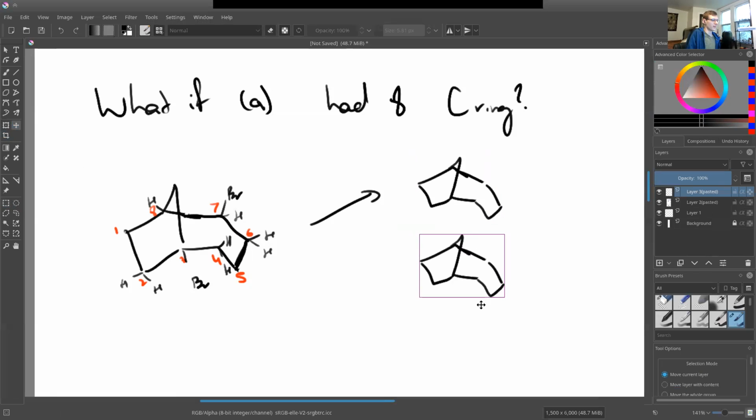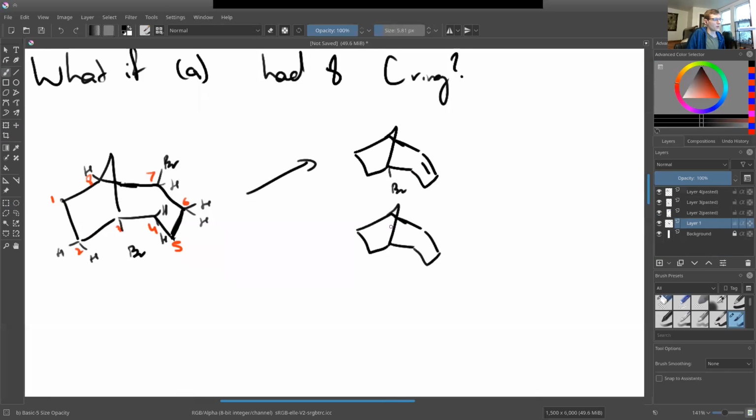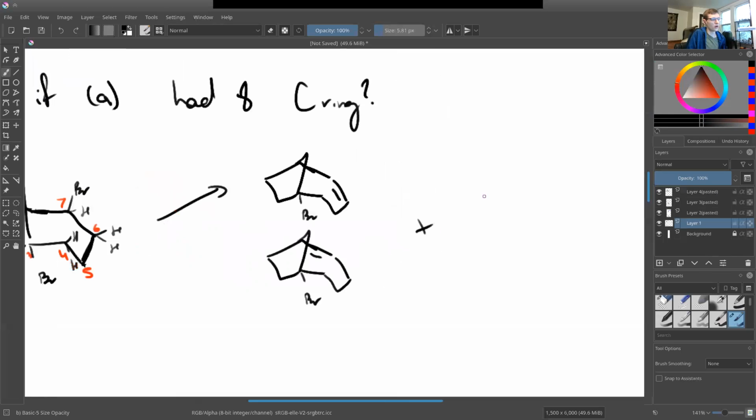Look at that. All right, I don't know what I just did, but I got two out of the way, so I'll take it. Well, we can have a double bond form over here, right? And then we still have this bromine. And then we can have a double bond form over here, and we still have this bromine. And then plus 2 more when we get rid of the other bromines.